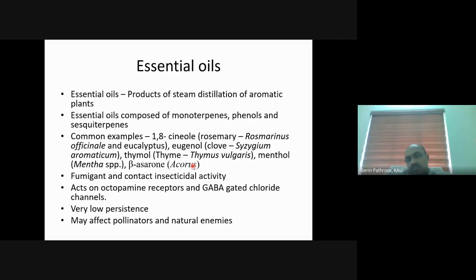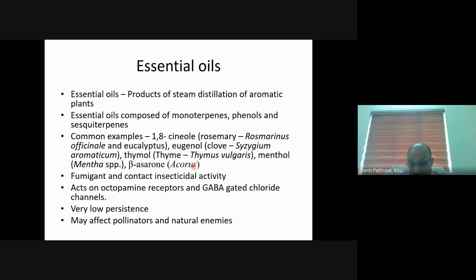Another typical feature of essential oils is that they have some contact insecticidal property. That means if you spray essential oil over an insect, it can lead to the mortality of the insect. If you see the literature, the essential oils act on octopamine receptors and GABA-gated chloride channels.